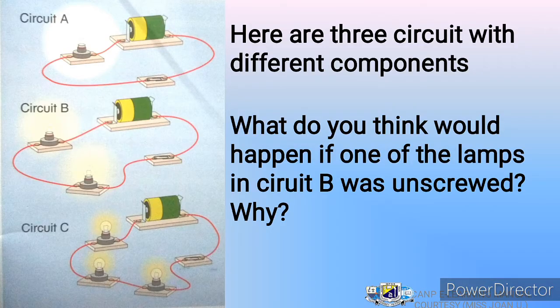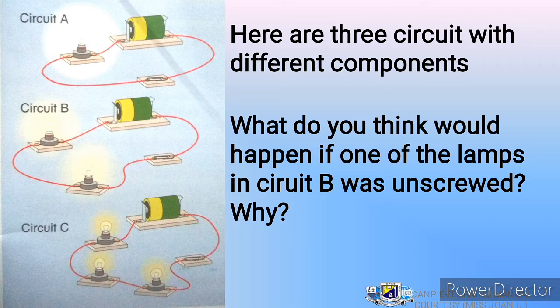Now, here are three circuits with different components. Okay, we have circuit A, circuit B, and circuit C. They have different components. What do you think would happen if one of the lamps in circuit B was unscrewed, and why? If we remove one of the bulbs or lamps in circuit B, what will happen?